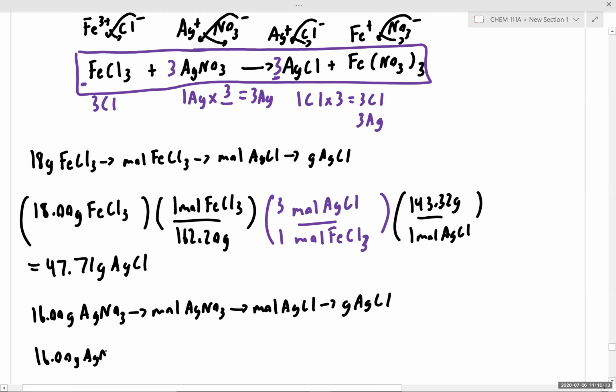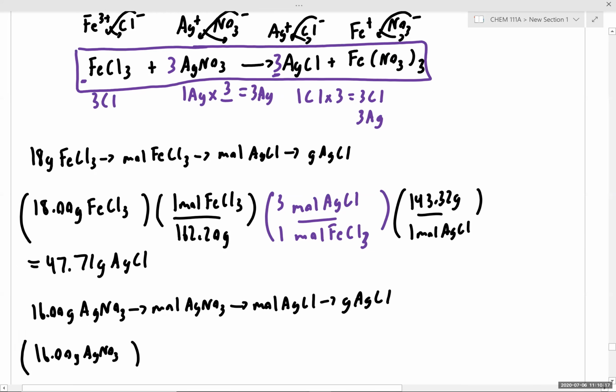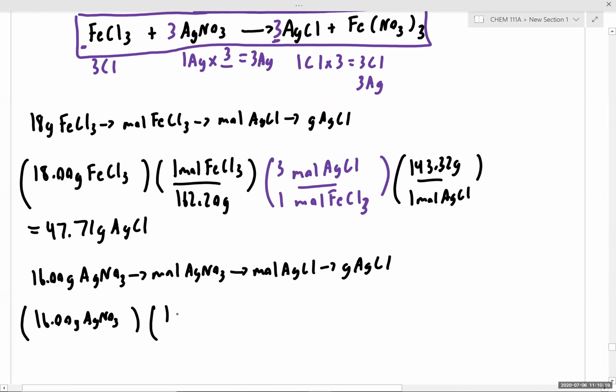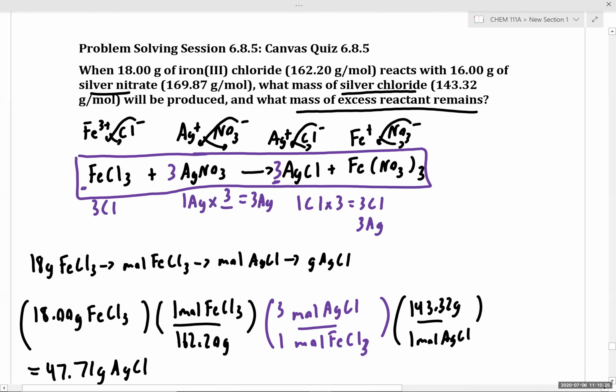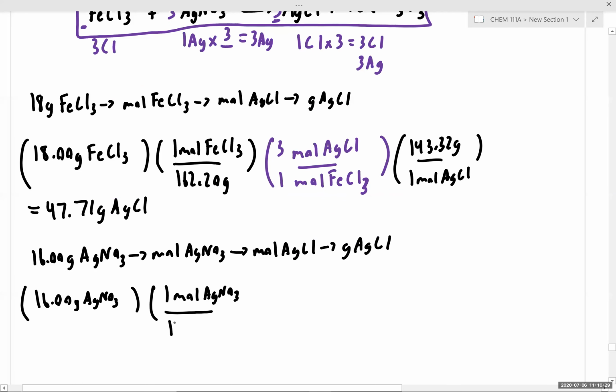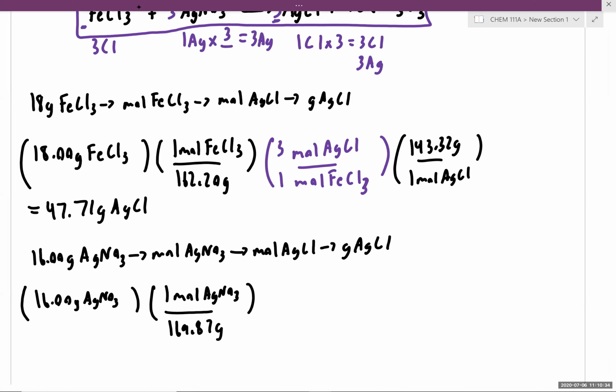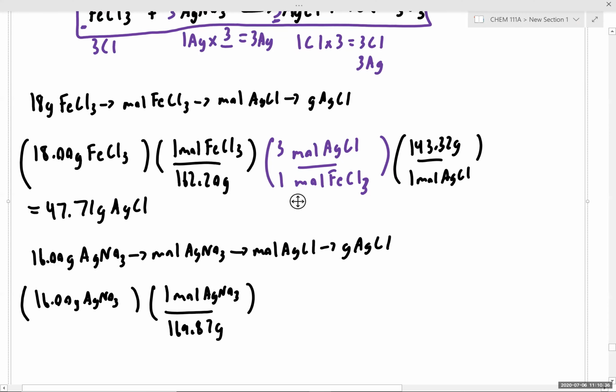So we have 16 grams of silver nitrate. Okay, we're making progress. We know in 1 mole of silver nitrate, looking at our problem, we have 169.87 grams. And now let's look at our stoichiometry.